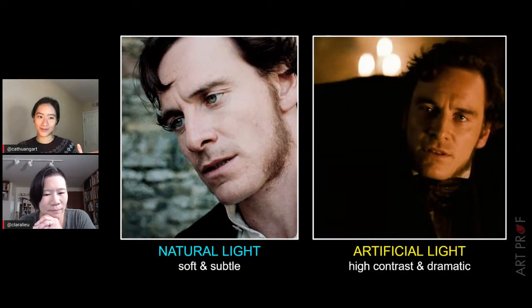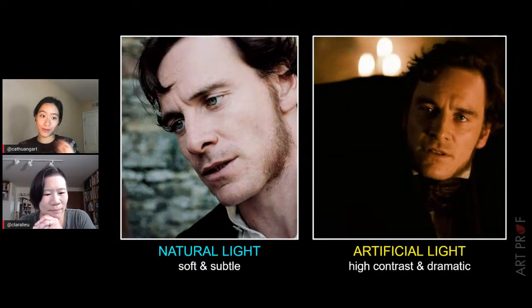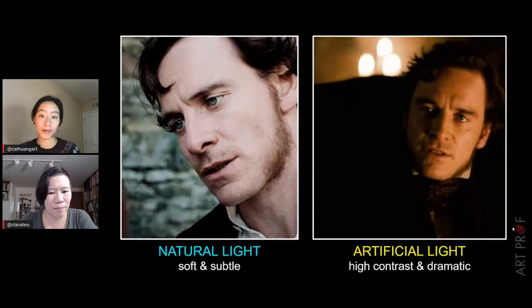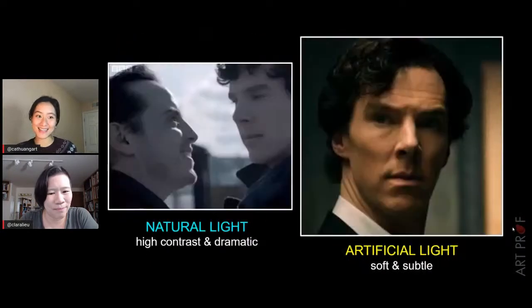But people would think that artificial light would be the opposite, that the light and the shadows would be harsher in comparison to natural light, and also that the light will be warmer. But the thing is that they can switch around, and so you can never truly be sure. Like in this example, we have natural light being very harsh, very contrasted, and the artificial light a little bit more diffused. So it's actually harder to tell.